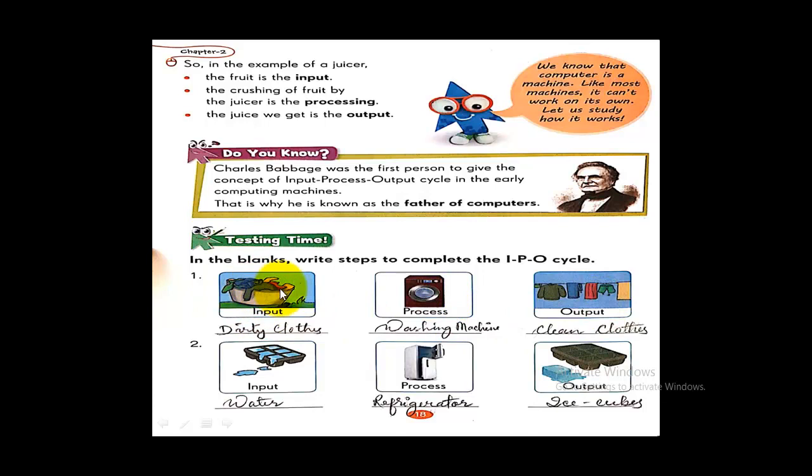Then these dirty clothes we put into the washing machine to be processed. The dirty clothes here are the input.